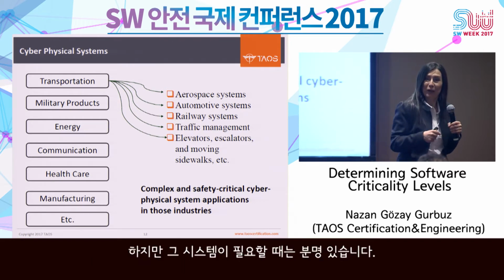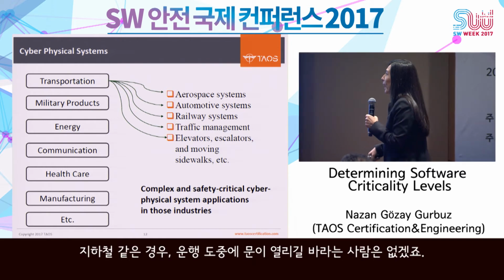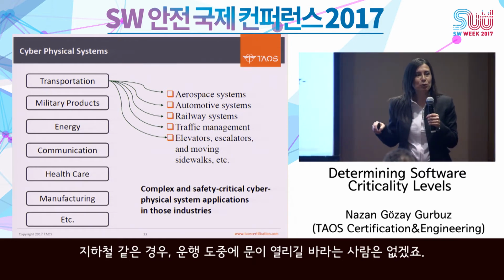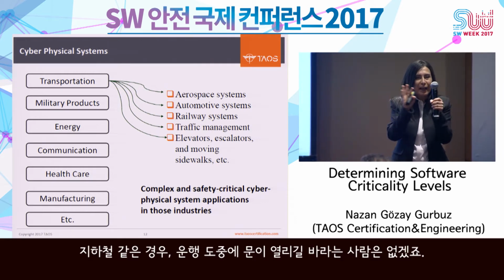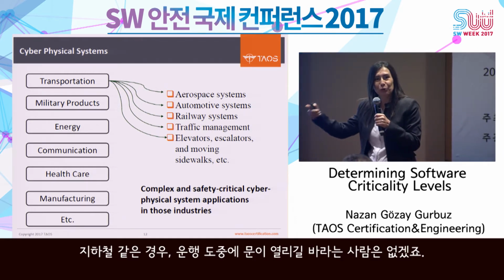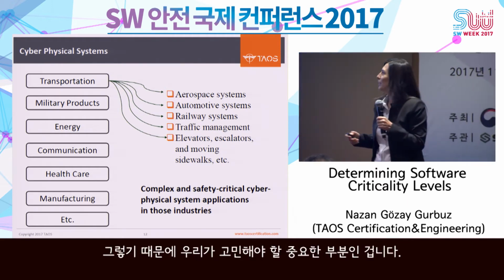It would kill us. But we definitely want it when needed, right? And in railway, in a metro train, we don't want the sliding door to open while the train is in movement. We don't want that in our life.